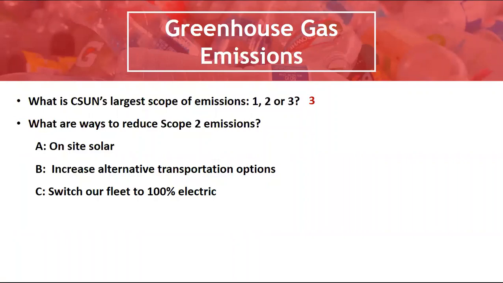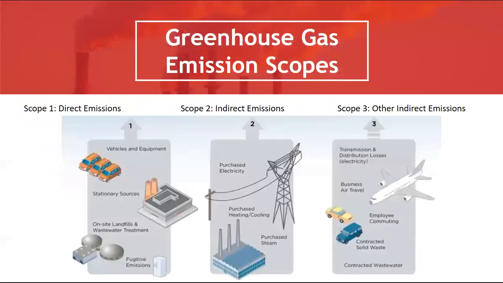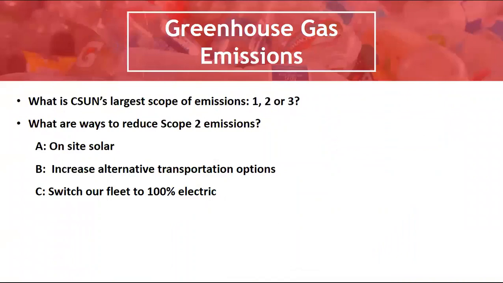All right, seeing a couple answers trickle in. So the answer here is solar. Remember that scope 2 is primarily purchased electricity from our utility company. So by putting on-site solar, we're reducing the amount of electricity purchased from the utility company. Also, solar is an emissions-free source of electricity.